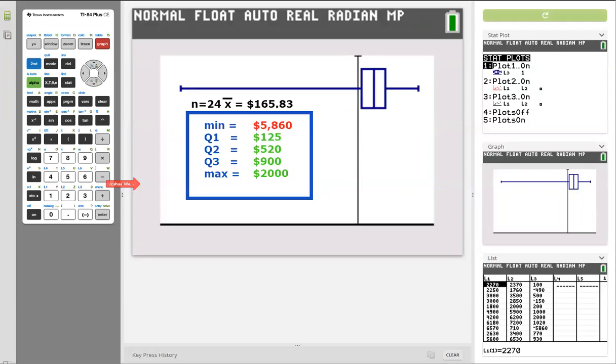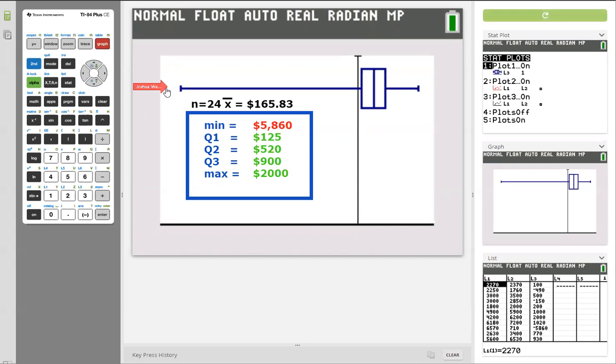So Q1 was $125 gain, Q2 was $520, Q3 was $900, which you can see visually right away with the box. And the maximum, the upper whisker, goes up to 2,000. So this is a very nice quick presentation. It really shows that whatever this trader in the stock market is doing, it seems to be yielding positive results over time. And that would be a good presentation for a method of investing in the stock market.